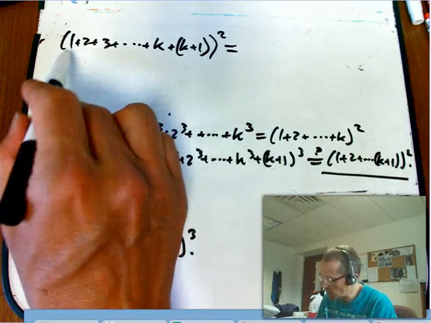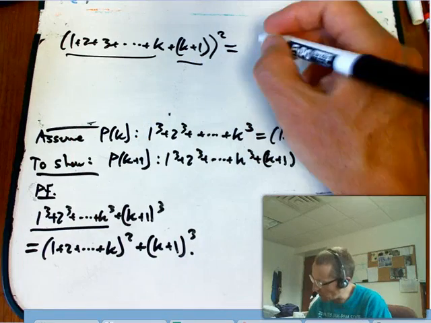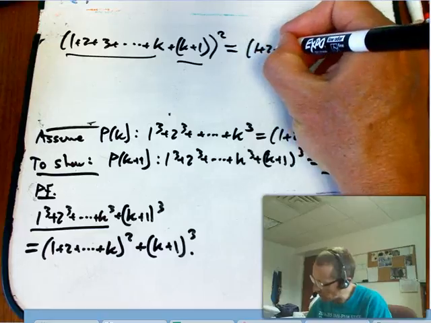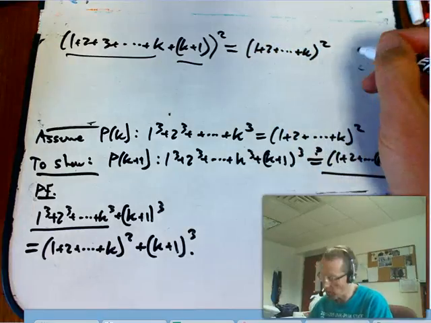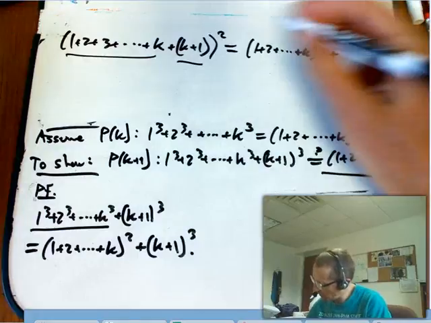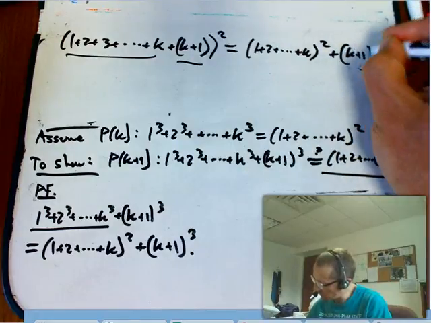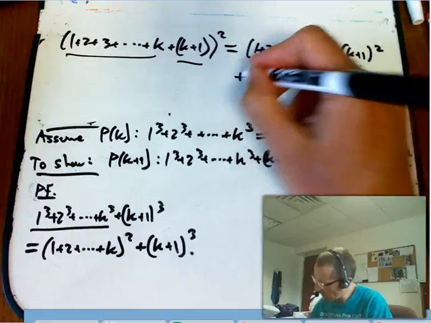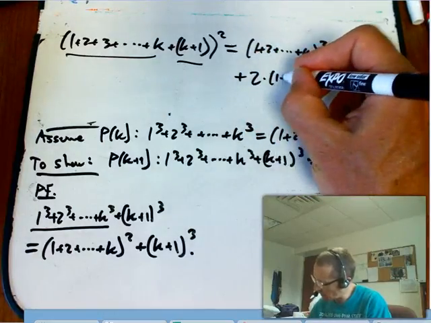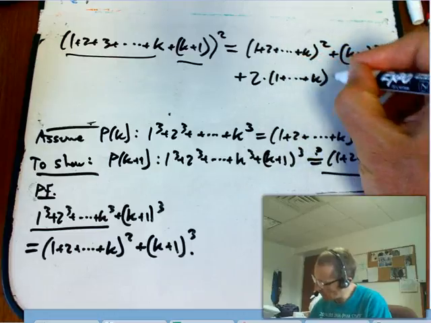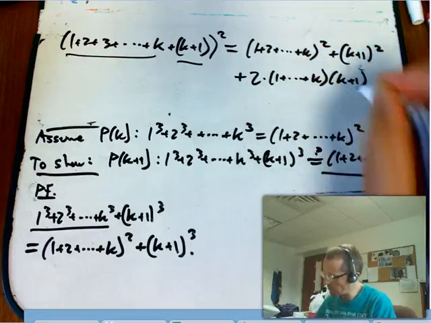Okay, so that's something plus something quantity squared. So that's just all these guys, but only going up to k squared, plus just the k plus 1 squared, plus 2 times that sum times k plus 1.